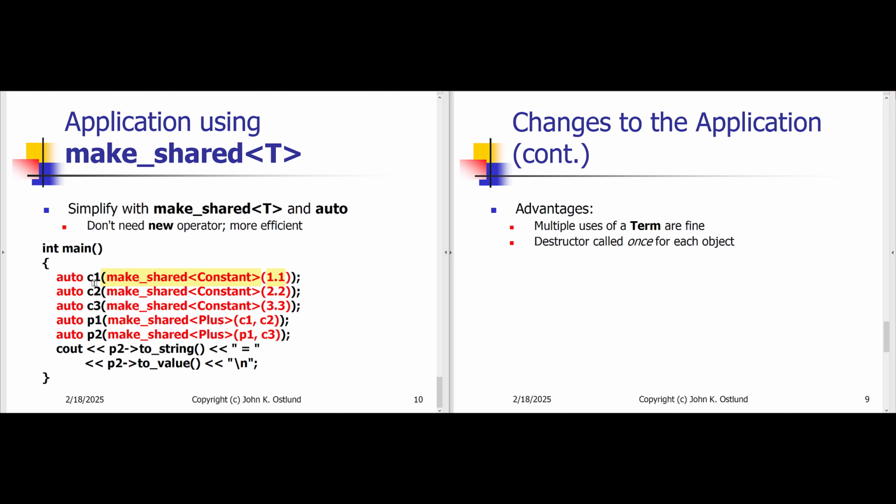The other thing is that we don't have to explicitly declare the data types of our variables. We can simply use auto as a shorthand, because make shared will produce for us a shared pointer to the correct type of thing, and the compiler can deduce what the data types of those variables are. Okay, so that takes care of that.